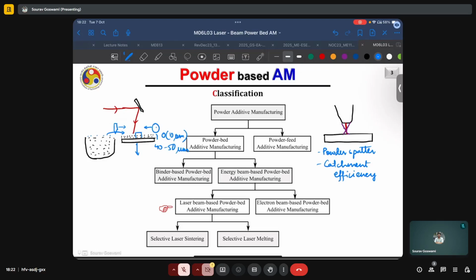Now, the powder bed processes themselves can be classified into either binder-based powder bed additive manufacturing, in which case we have this jetting head, which can selectively dispense droplets of binder onto the required region, and then the binder can bind together the build powder and can form hard parts.